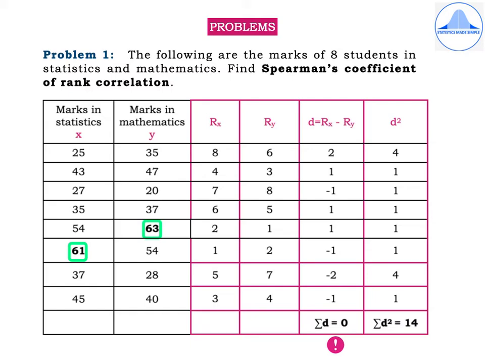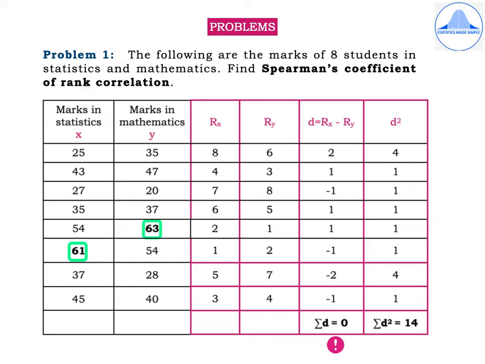Now form 4 more columns in the table which are highlighted in pink color as Rx, Ry. Here, X and Y are subscripts. Rx means it is a rank of the X values and Ry is the rank of the Y values. Then you also form D equal to Rx minus Ry, which is the difference between the ranks, and the last column is D square.